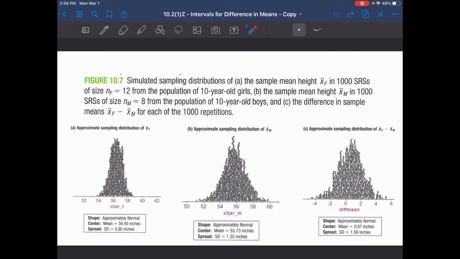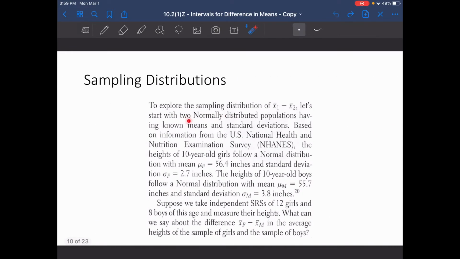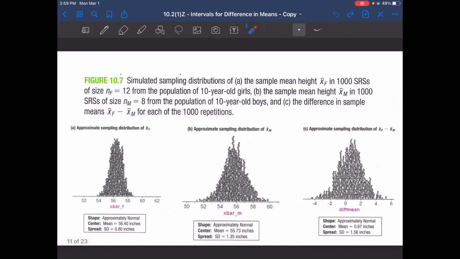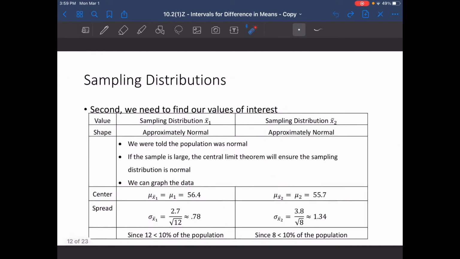So if both are normally distributed, then we can assume that the difference between the two is also going to be normally distributed as well. That's the only thing really to note: if you are given two normally distributed populations, and they say that both of them are normal, which they both are in the example, then we can assume that the difference is also going to be normal.